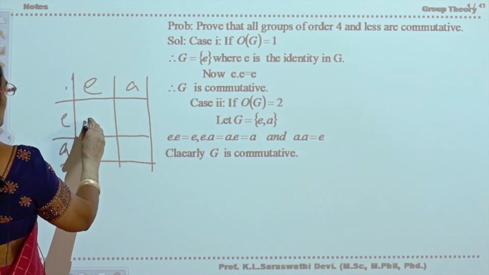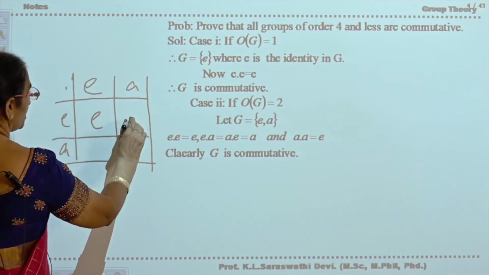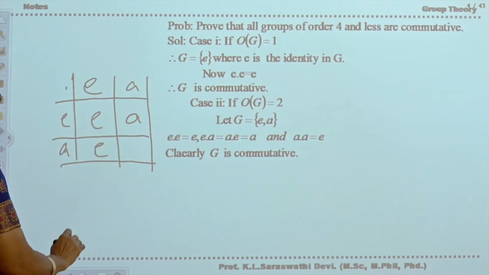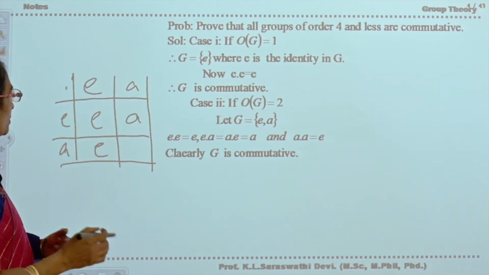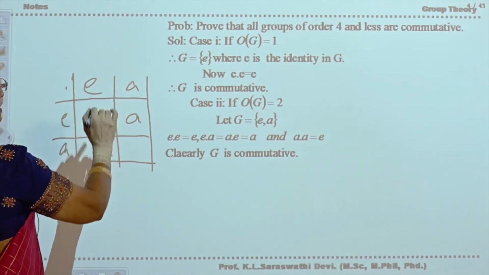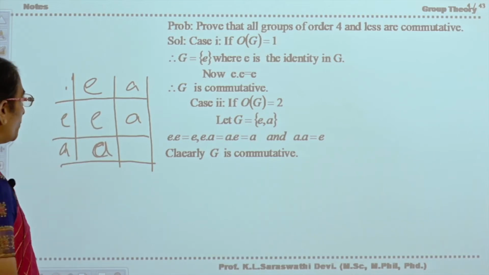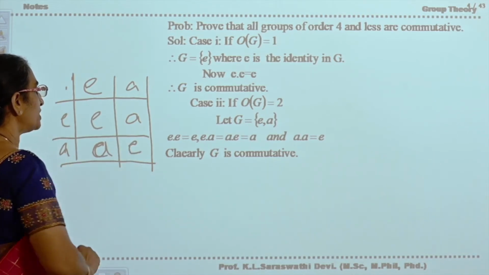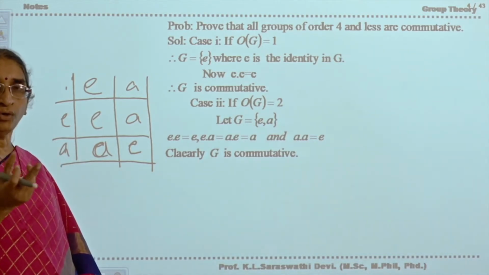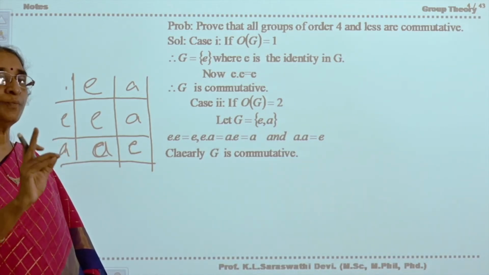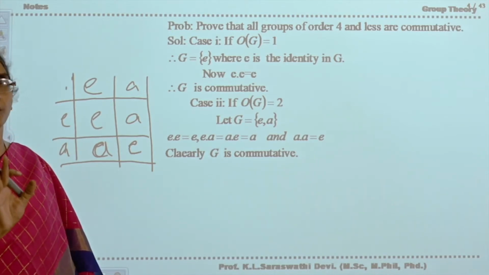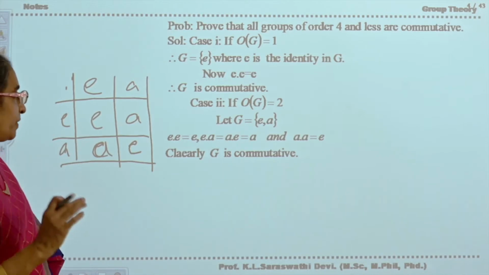E dot E is E. E dot A is A. A dot E is equal to A. See here, A dot A, you have to write A dot A is equal to E, because by the properties of a composition table, in every row the elements of the group must exist only once. There should not be repetition in the composition table. That you have to remember.